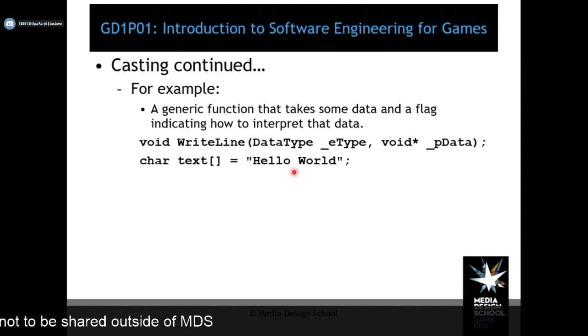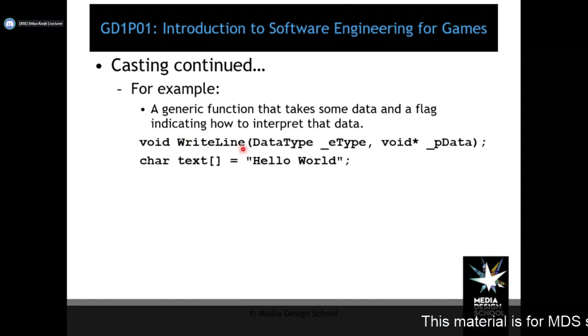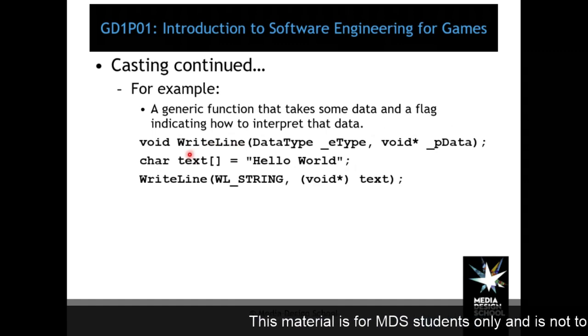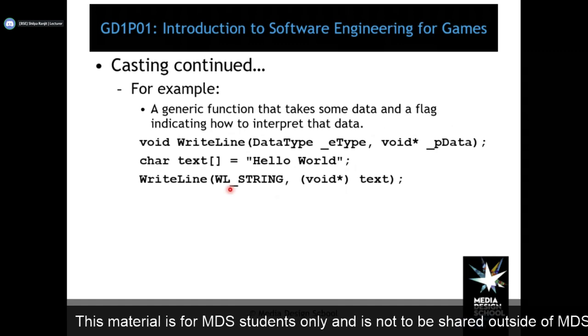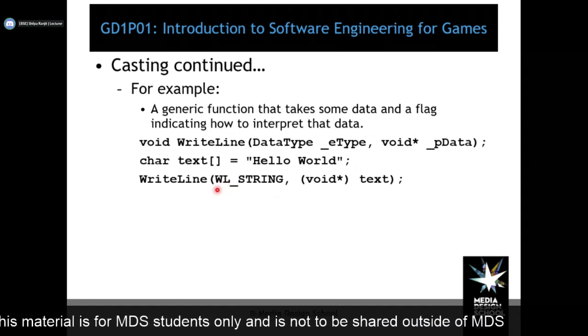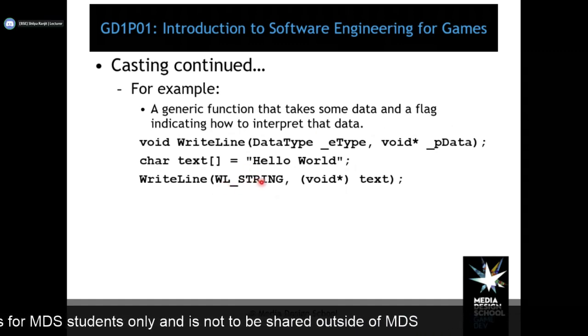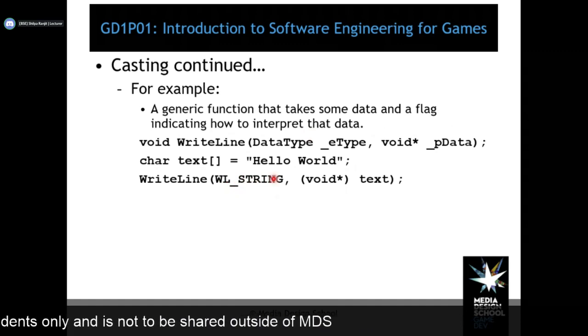All right. So if you have something called a character text, which is equal to hello world, and I want to pass it as an argument to the write line function, I would pass the data type as one of the defined data types in this data type enum, WL underscore string, which indicates that it is a string data type that I'm passing.